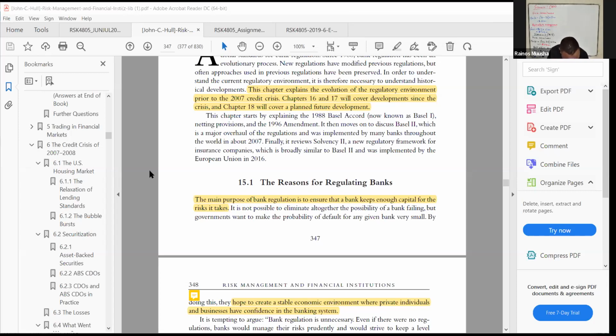So the main reason for regulating banks is to ensure that the bank keeps enough capital for the risks it takes. So you get your answer from page 347 of the textbook.